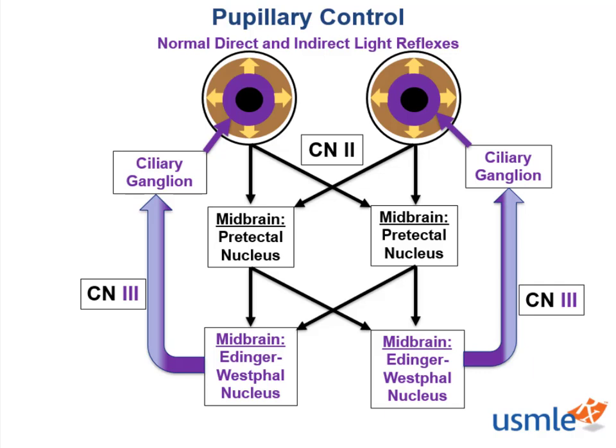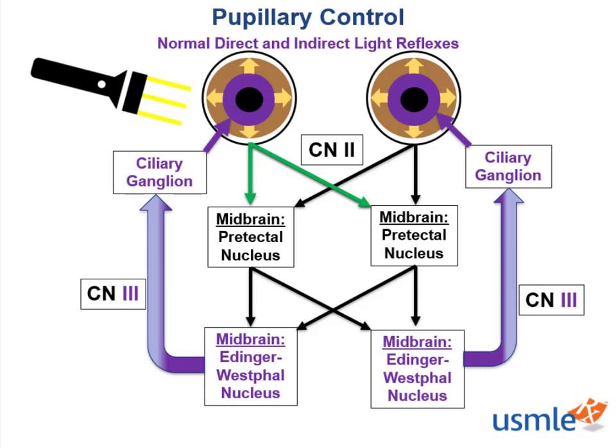Here, however, light will only be shone into one eye. From this eye alone, the retina will sense the light and send afferent sensory signals via cranial nerve 2, the optic nerve, to the bilateral pretectal nuclei in the midbrain.